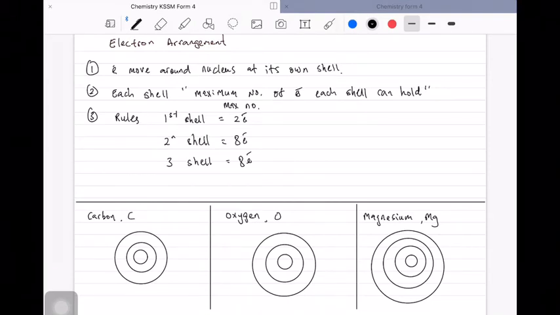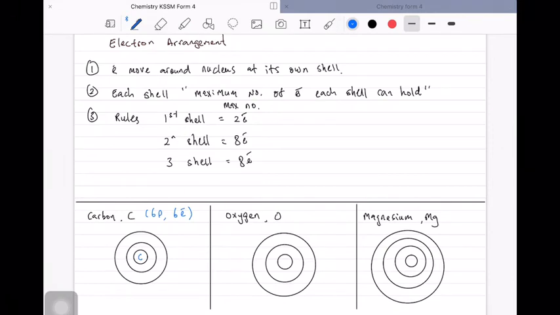For example, I have drawn some of the atoms here to make it easier. Now for carbon, given the number of protons is 6, automatically the number of electrons is 6. Carbon has 6 protons and 6 electrons. Let's say this is the nucleus of carbon.